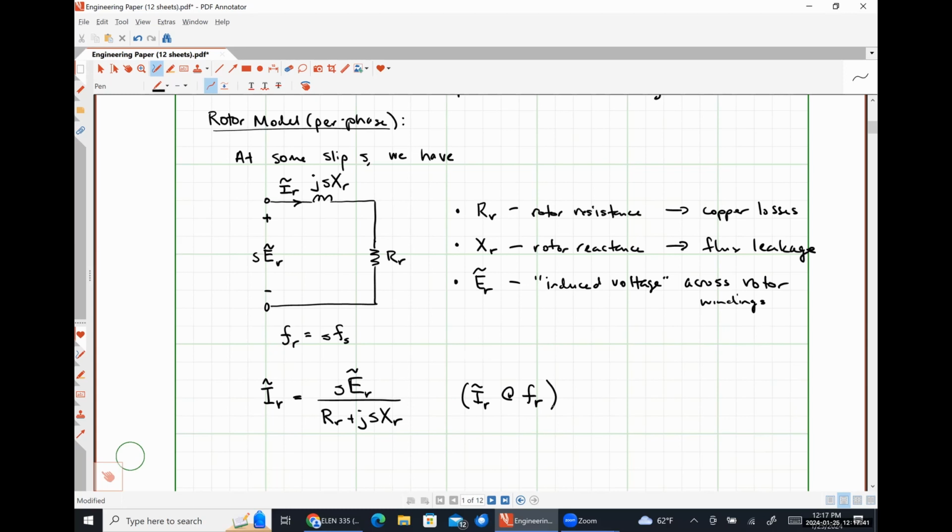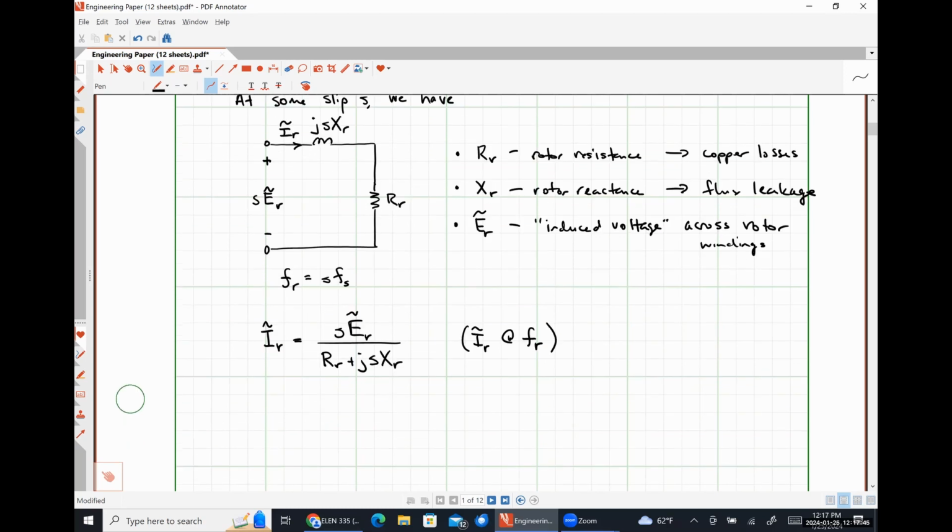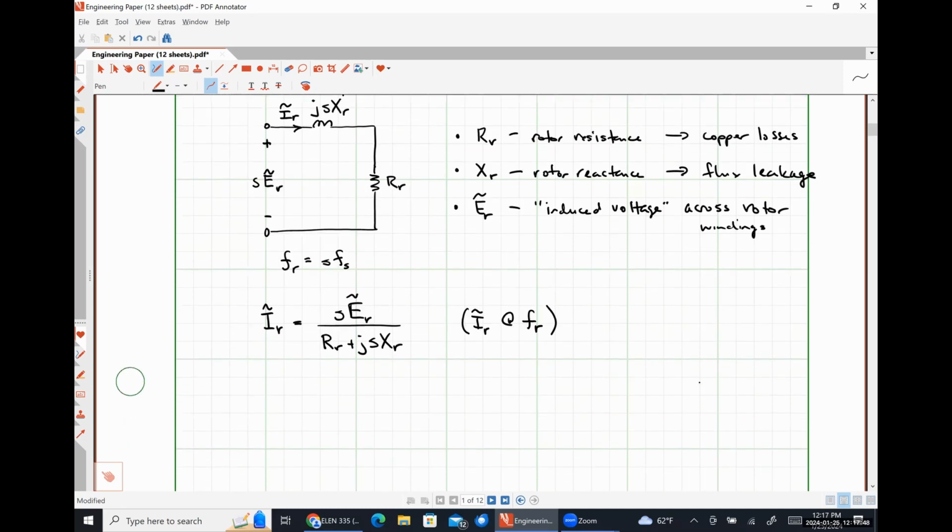And if we were to look at the average power absorbed by our rotor, so I'm going to call this PR subscript CU. So this is letting us know effectively that we are quantifying our copper losses. Okay.